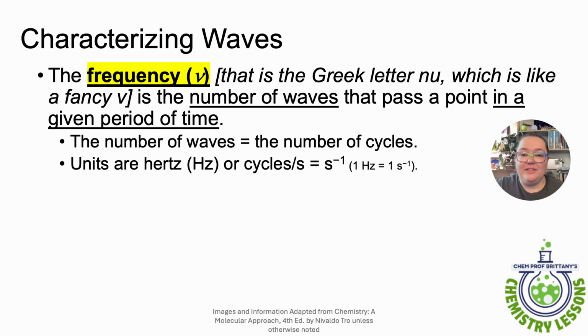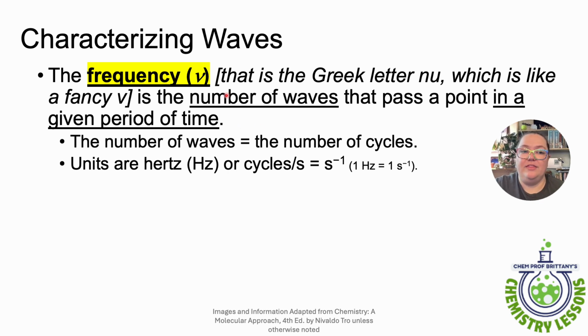Then we have the frequency of waves. It's not actually a V, but it looks like one, and for your purposes, if you're writing it, it's just a little fancy curved V. It's the Greek letter nu. But the frequency is the number of waves that pass a point in a given period of time. So if I've got 5 waves that pass this point every second, then that's my frequency.